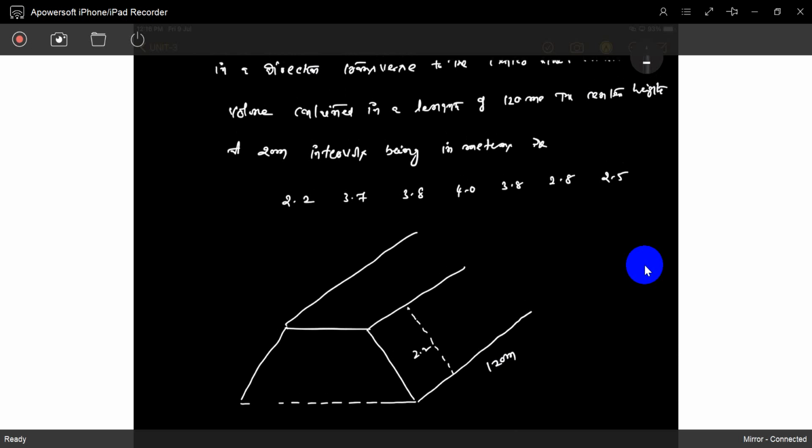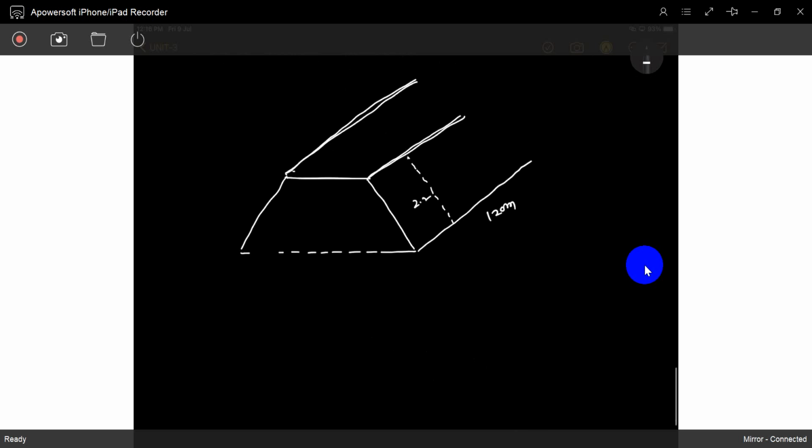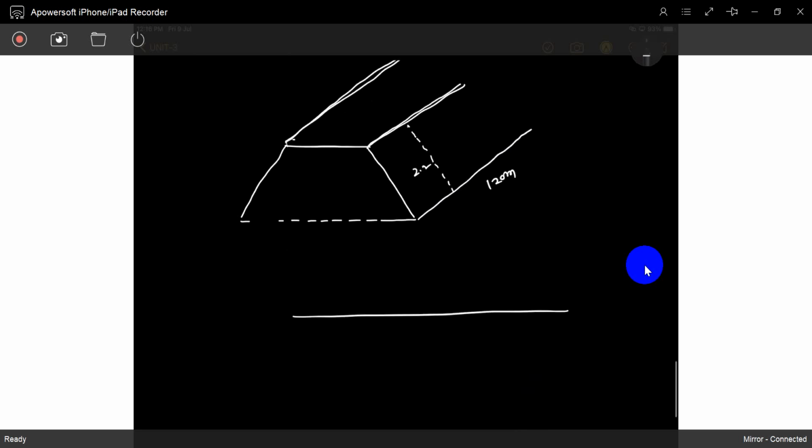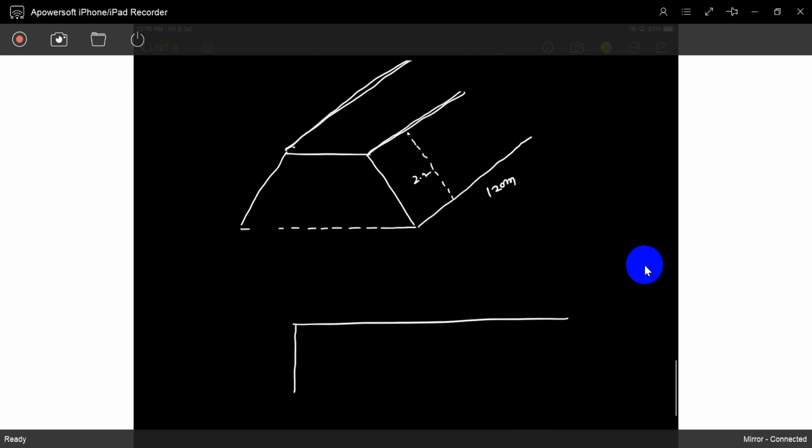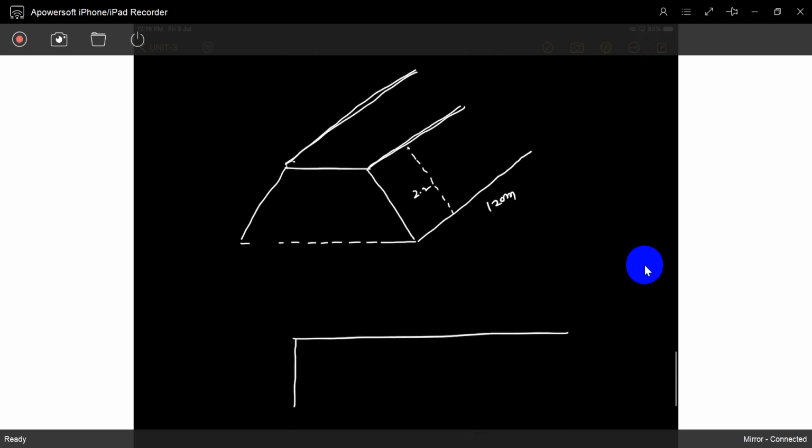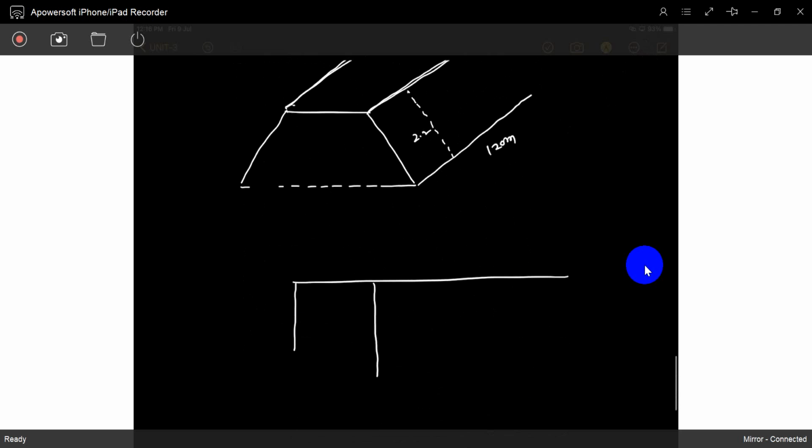This is 2.2, next is 3.7. That means the ground level at the bottom is not uniform, but the top is uniform. Take a top view: the top is uniform, but the ground level is not. The first is 2.2, second is 3.7, so the ground is not uniform.